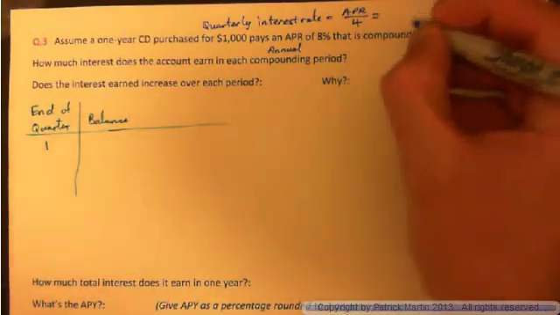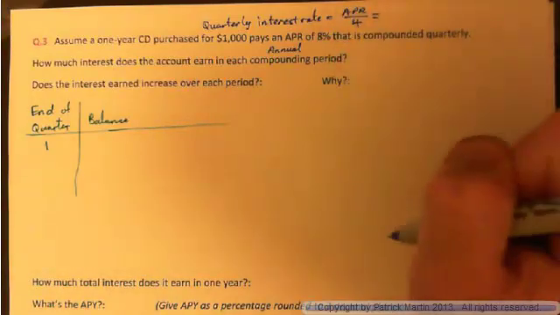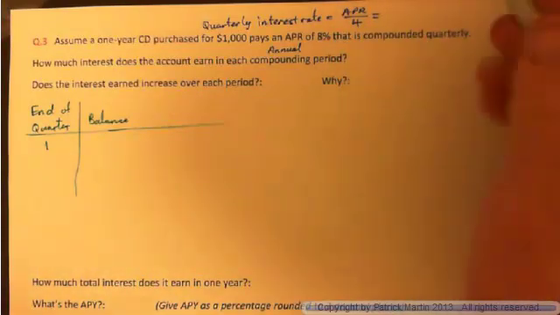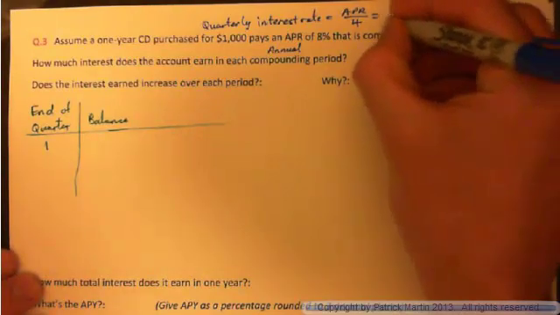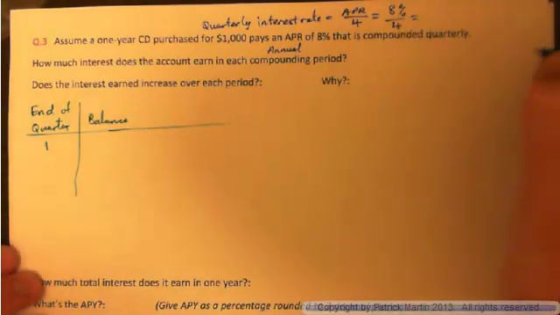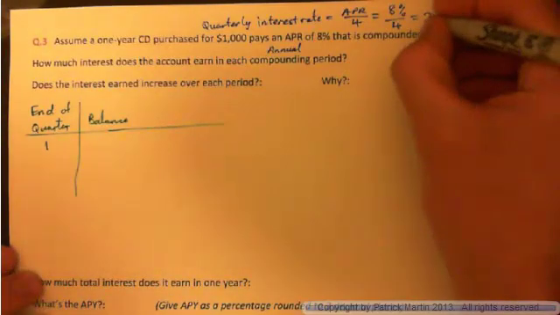So we've got to take the APR of 8% and divide it by 4. 8 over 4 is 2, so that's 2%.